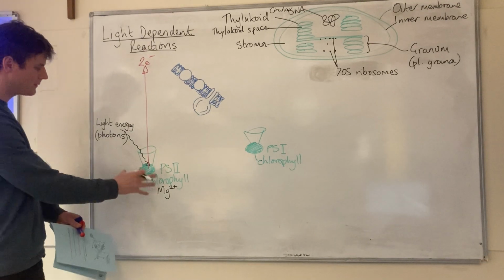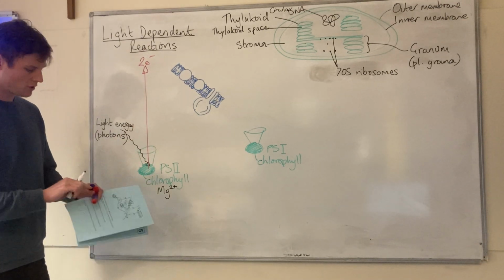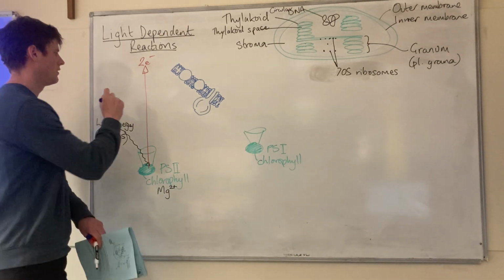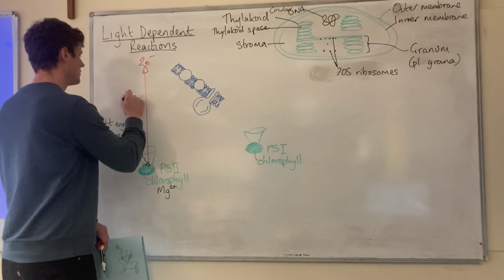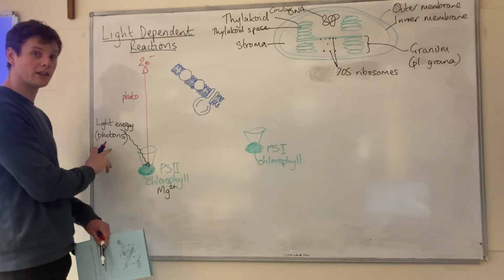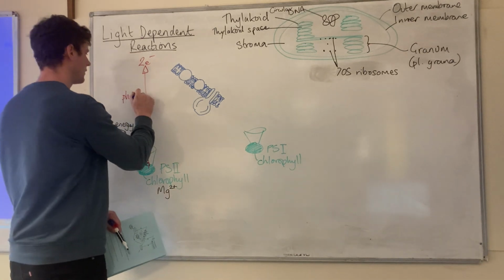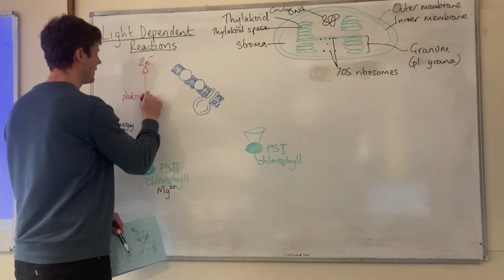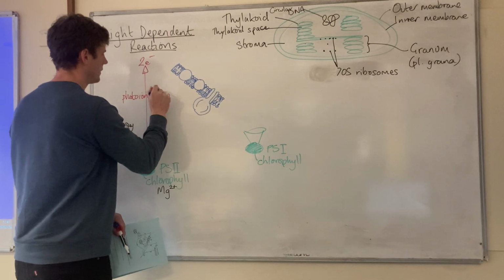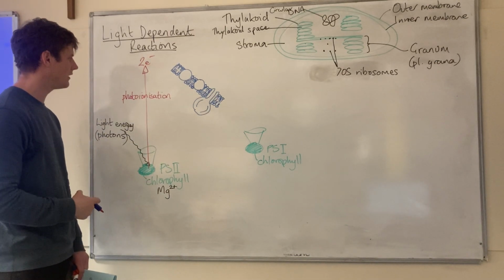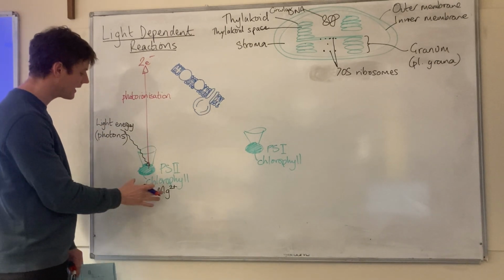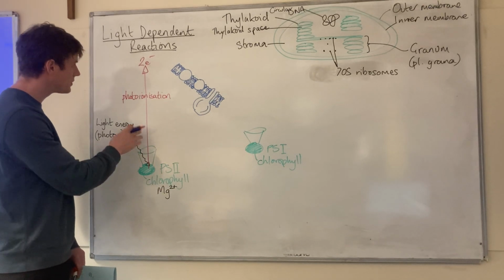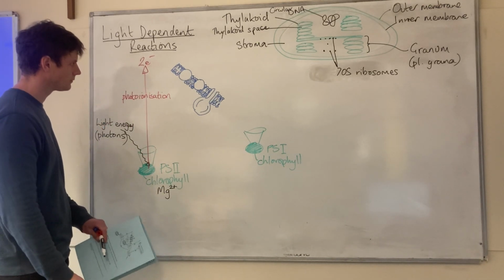Okay, so the magnesium has lost those 2 electrons. We call this process photoionization, referring to the light energy. Ionization is the gain or loss of electrons. In this case, chlorophyll loses those 2 electrons.